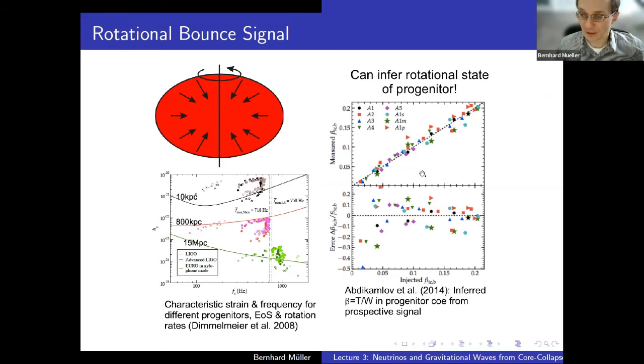That's not expected to happen already with the bounce signal. Later on, this will affect your gravitational wave emission, but you can't really put your finger on it. You don't have a smoking gun for that in the signal, at least no one knows one yet. That's to be found out, whether you can find a signature for the wobble of the spin axis that may occur in some models.